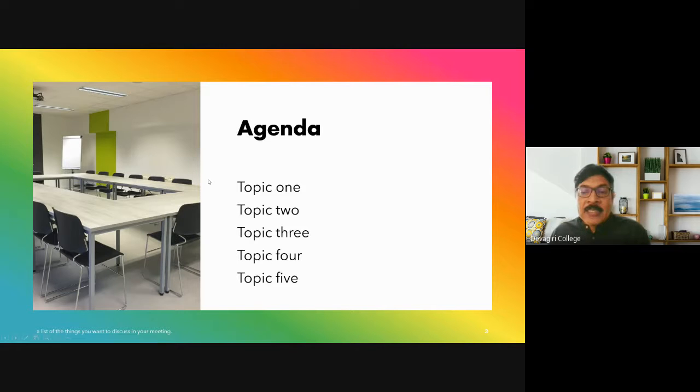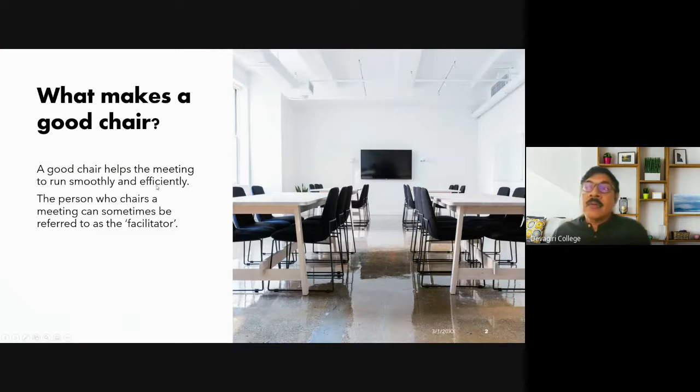So these are certain things that the chair or the facilitator should do. The person would also be thinking about how the meeting is conducted, how smoothly it should be effected, and all these things. So the chair is a person of importance, because there are so many things that the chair needs to do.